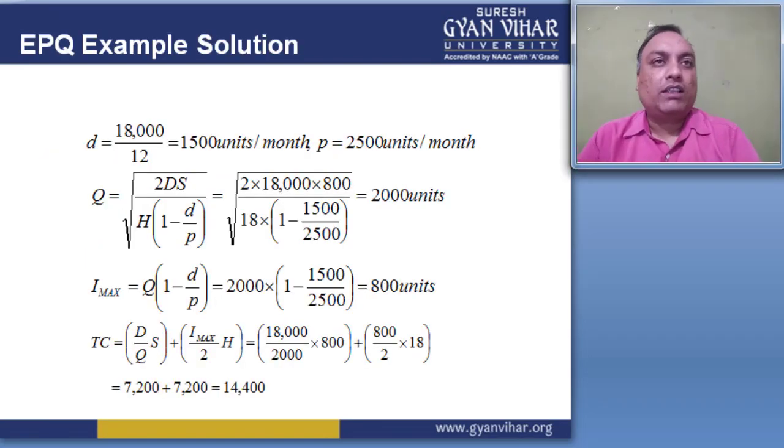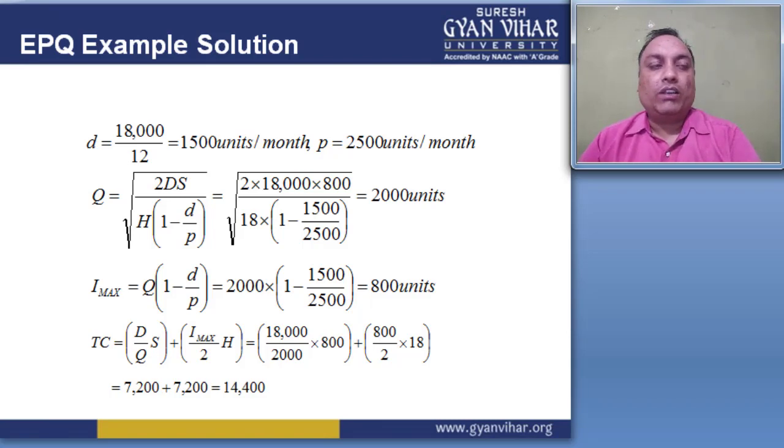EPQ example solution. D equals 18,000 divided by 12, because we want the demand per month. So 1,500 units is the demand per month. P is equal to 2,500 units per month. This is the production rate. So Q, you already know the formula.